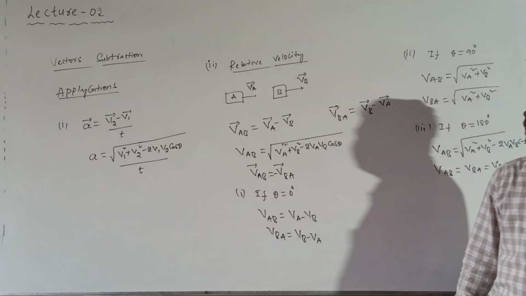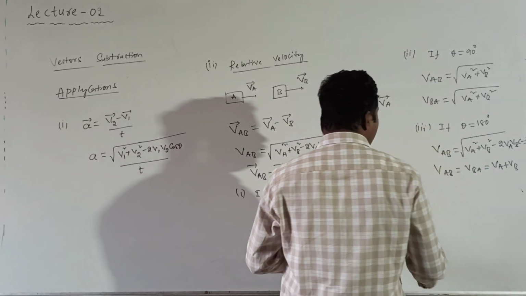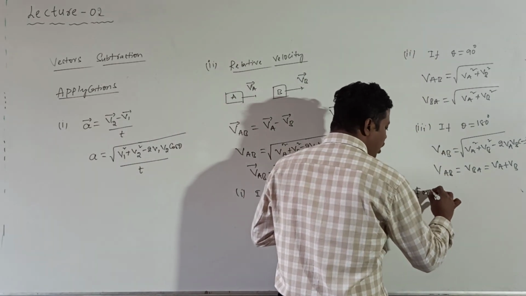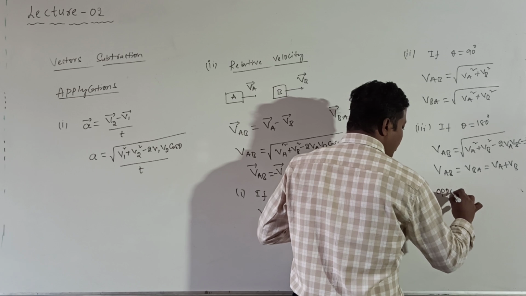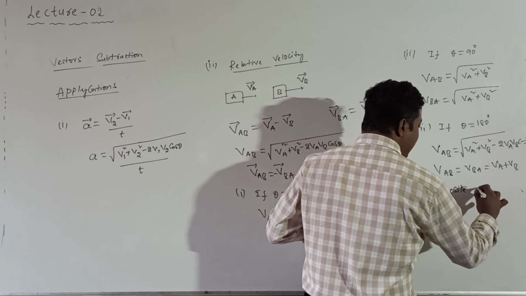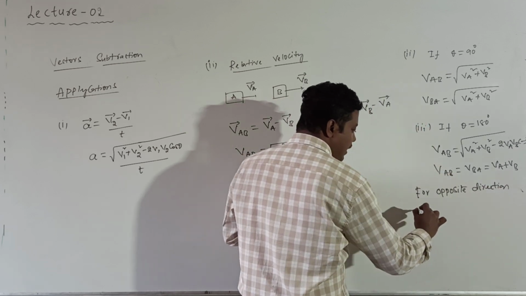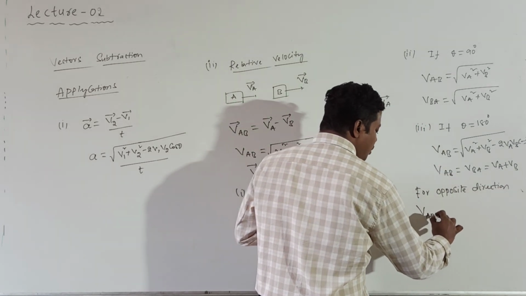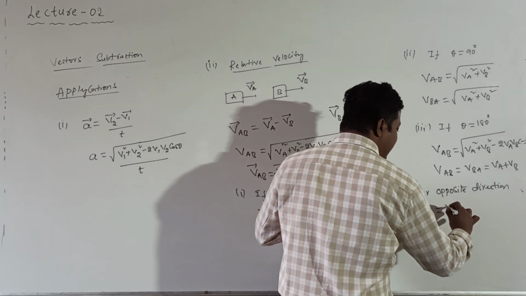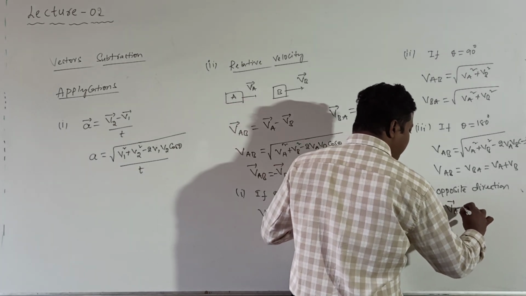So directly also we can write, for motion in opposite direction, the relative velocity of A with respect to B, VAB bar, is given by VA bar plus VB bar.